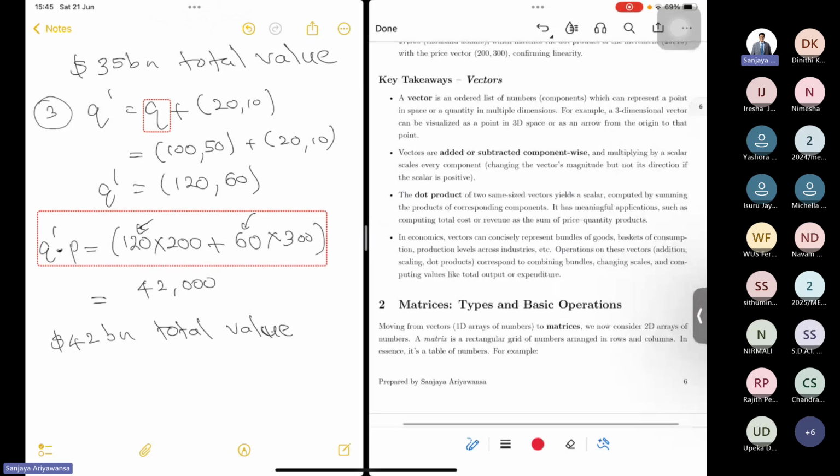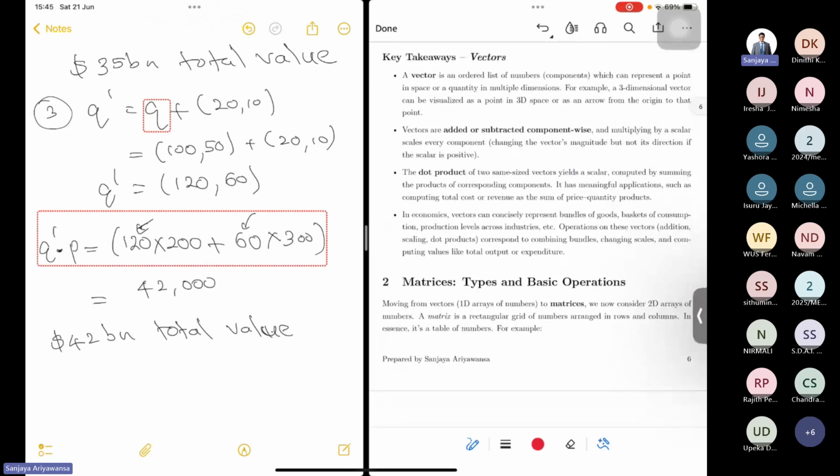What are some of the key takeaways from vectors? So a vector is an ordered list of numbers. That's the key thing that we looked at. It can represent a point in space or a quantity in multiple dimensions. Vectors are added or subtracted component-wise, and multiplying by a scalar scales every component.